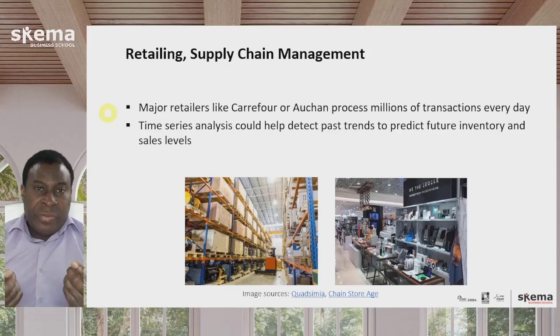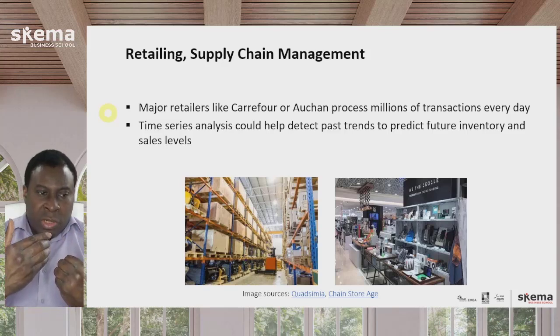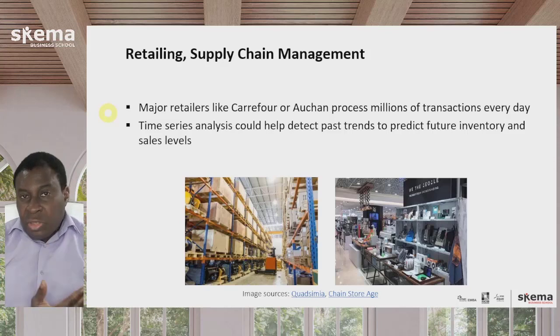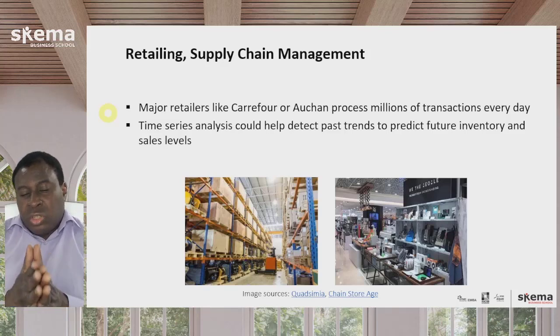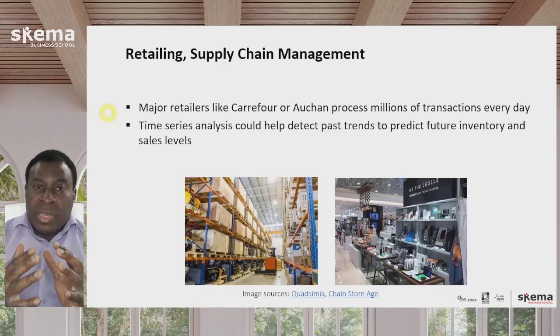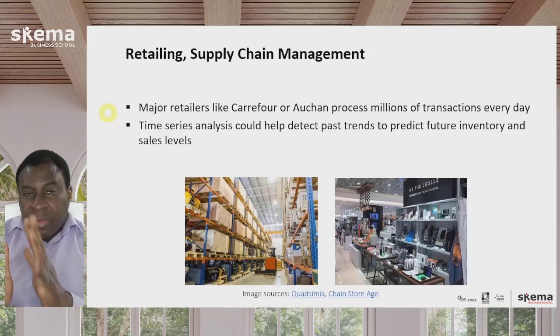But if they want to look at what they expect January, February, and March sales to be based on what the sales amounts or the inventory amounts were for the previous year, that is time series analysis. So they're not just looking at what the other determinant variables might be for January. They're looking at what the trend of sales for this year looked like.